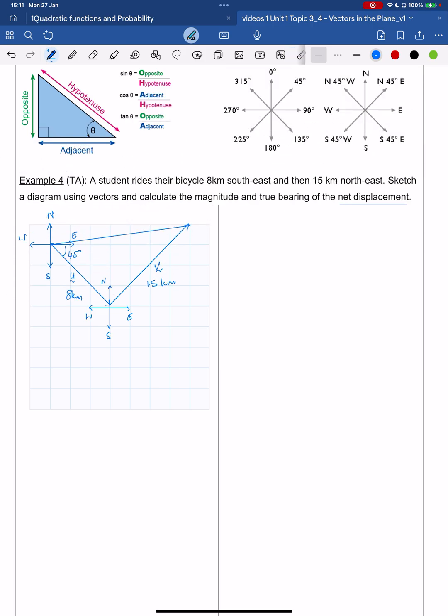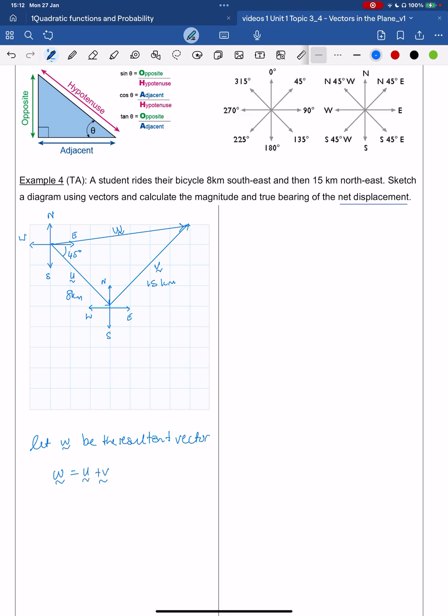Notice head to tail our vectors. Okay, and let's call that one W. That will be our resultant. So we're going to say then, let W be the resultant vector. And I know that W is going to be U plus V.